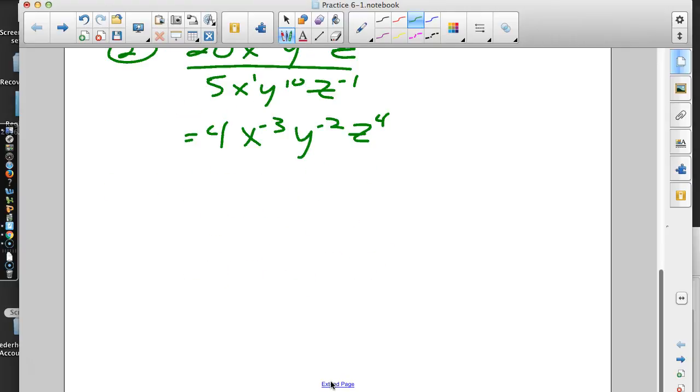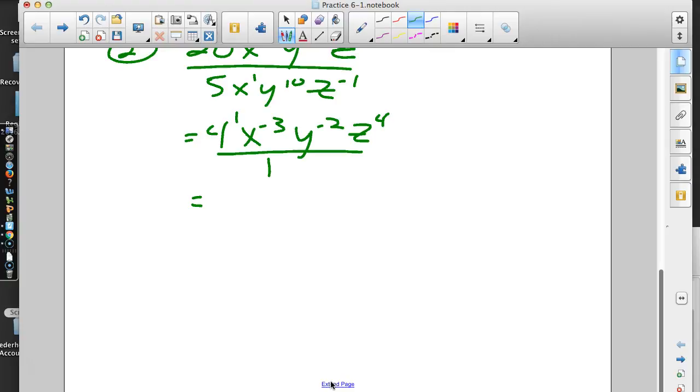And then we have to realize that's not done because we have negative powers. Negative powers are reciprocals. Whenever you want to make a fraction, you just slap a 1 below it. But this one has a positive power. The 4 is going to stay up top. This one has a positive power, it's staying up top.